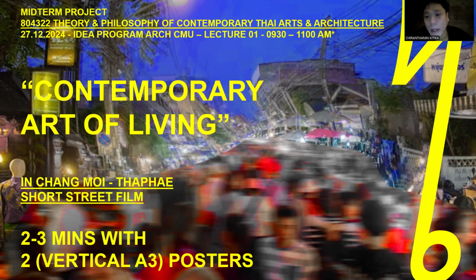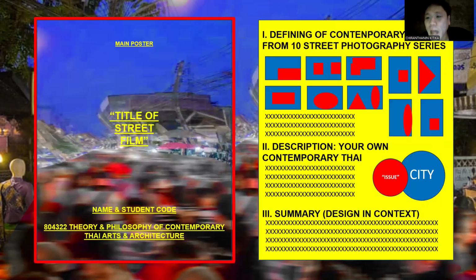We just went to Chiang Mai and Thap Hair to learn about contemporary lifestyle there. From that, you take a photo, you set the topic, and you do the theme that presents your idea of contemporary. From the pictures, you paint blue on the things that were designed before and were designed for functional use only.